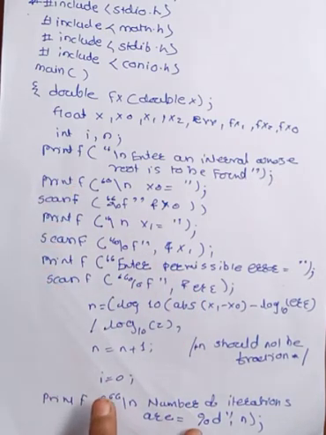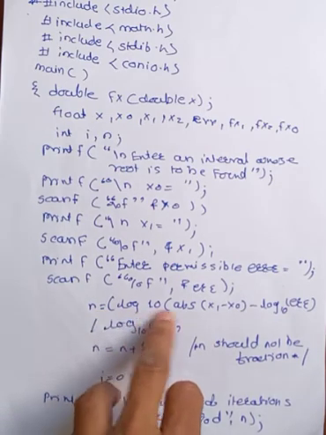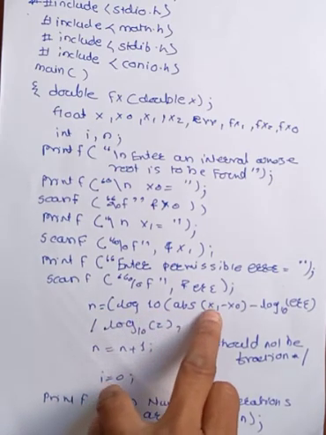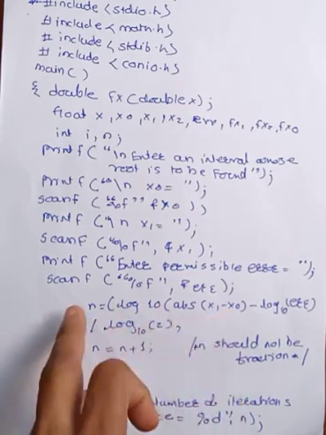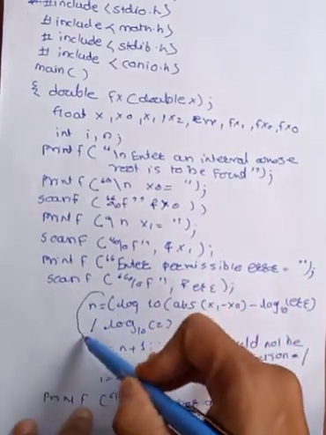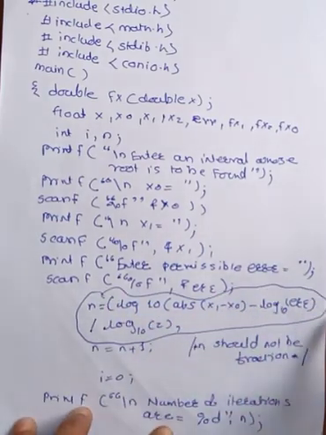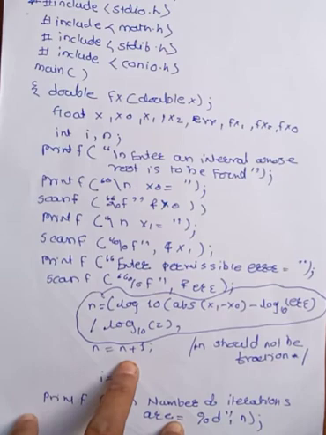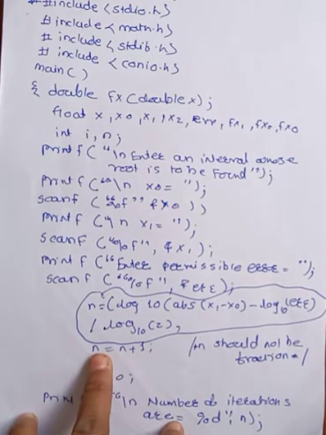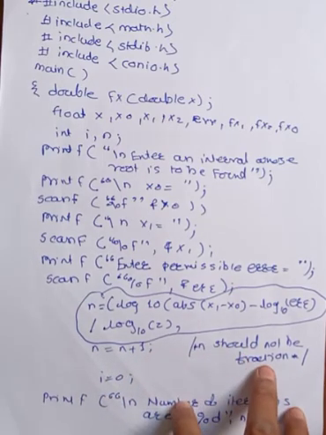Now the formula n is equal to log base 10 of (x1 minus x0), it is defined here. This is the formula which is defined in your C programming. Now n is equal to n plus 1. The iteration step will be increased by 1, and it should not be a fraction.